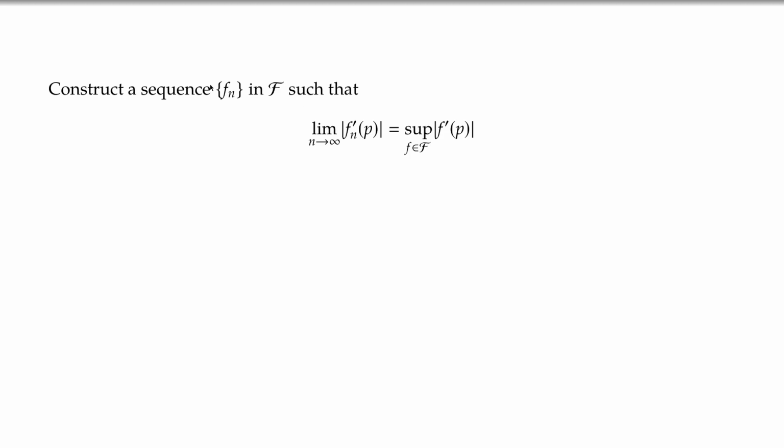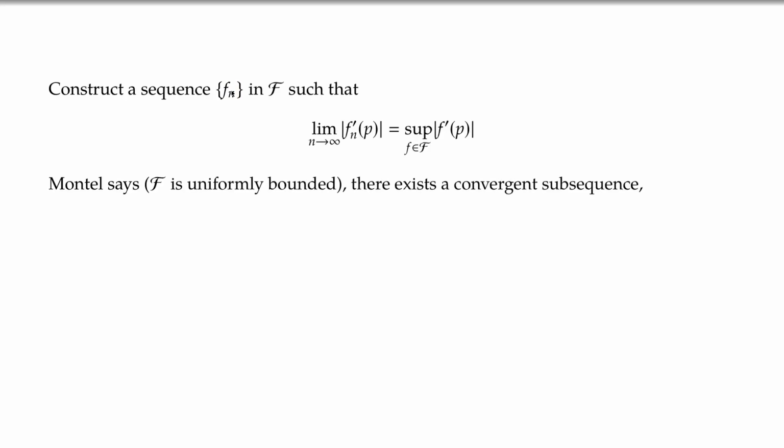Now we don't know a priori what this sequence does as functions, but we can apply Montel and get a convergent subsequence, and convergence meaning here converging uniformly on compact subsets.